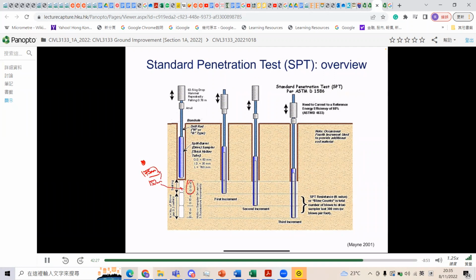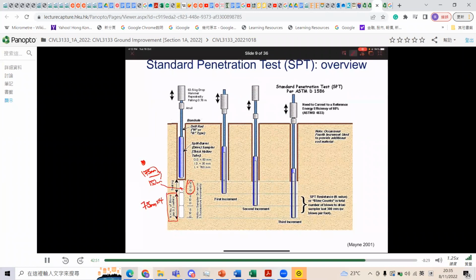We count the number of N per 75. And for 300 here, you have that you read. When we look at how SPT data is counted in the next slides, you'll understand more clearly what I mean by 75 millimeter increments. So this is the general logistics of an SPT test.